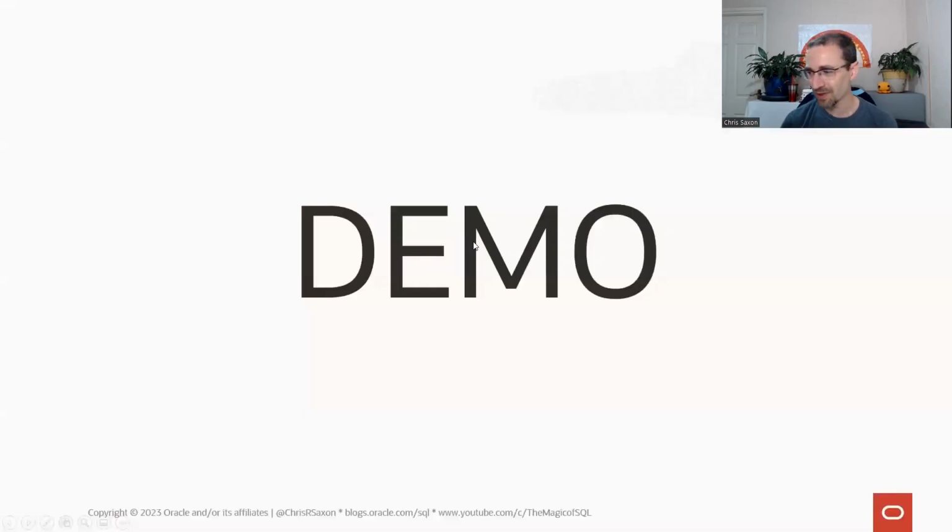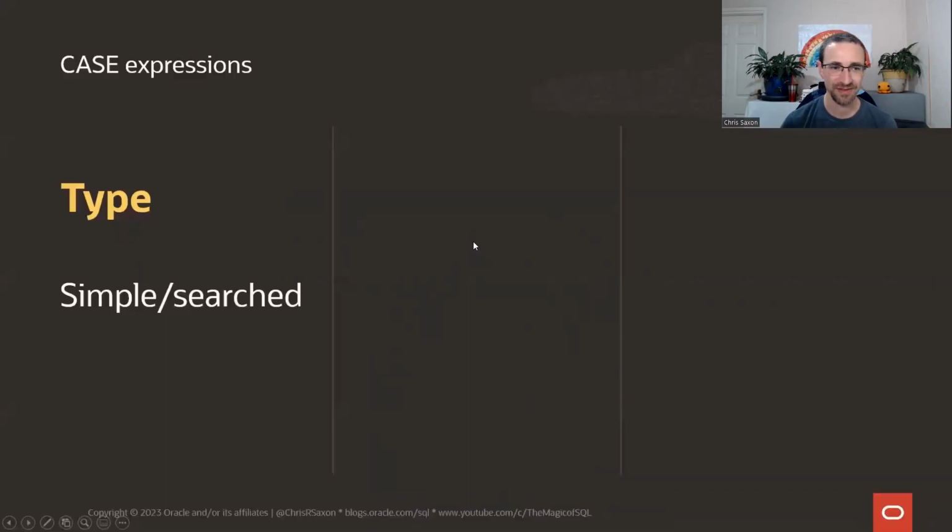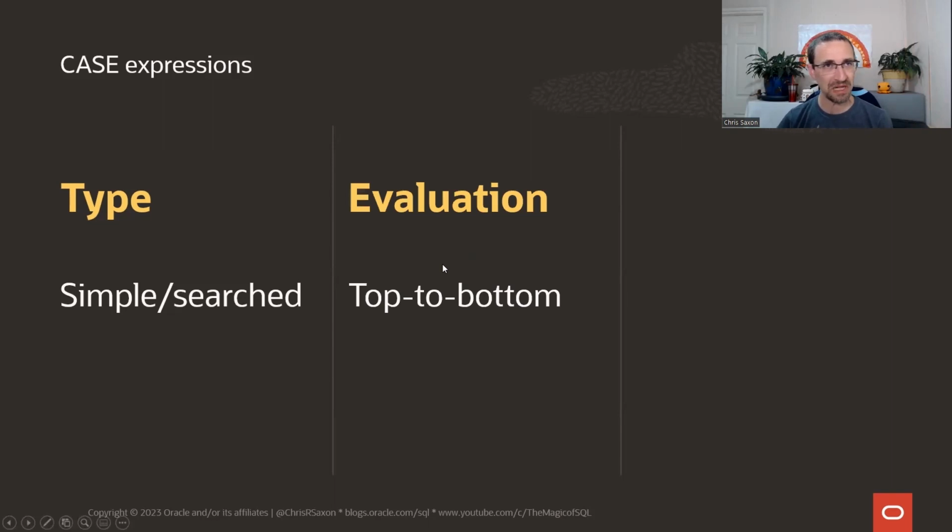Alrighty then, if there are no other questions or comments, let's recap. We saw simple versus searched. Simple has one selector, and we check if it's equal to any values. Searched lets us check very complex search criteria. It evaluates top to bottom. For something with a few values, you could probably just look at it and check it's okay. As you get more complicated, it becomes very easy to have overlapping criteria and not spot it, or make logic errors.